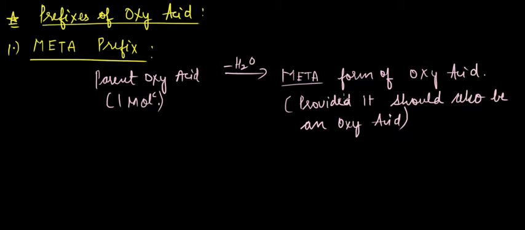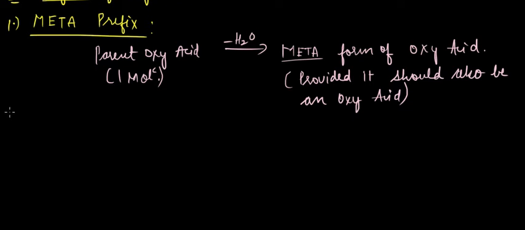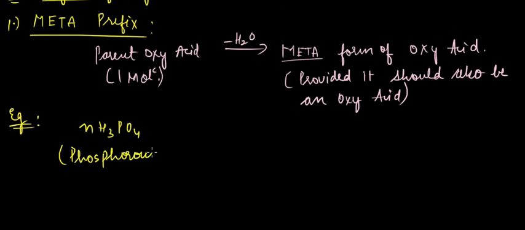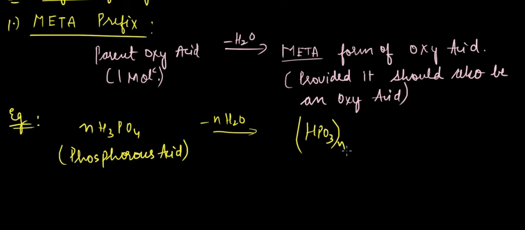Examples of the same: suppose we have n molecules of H3PO4, which is phosphoric acid, and we remove nH2O molecules from the same, so we get (HPO3)n.